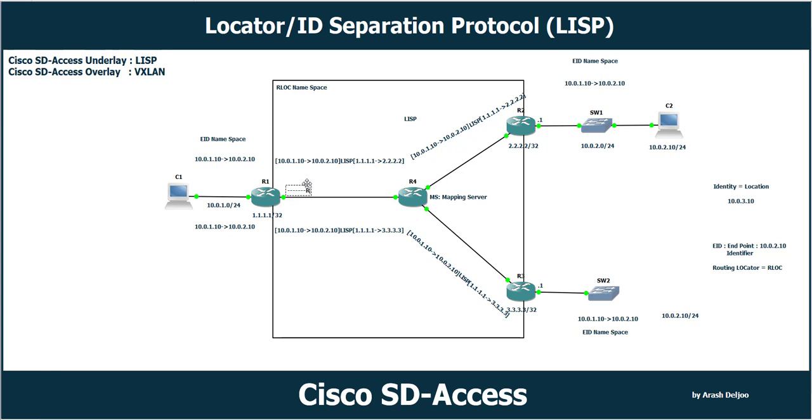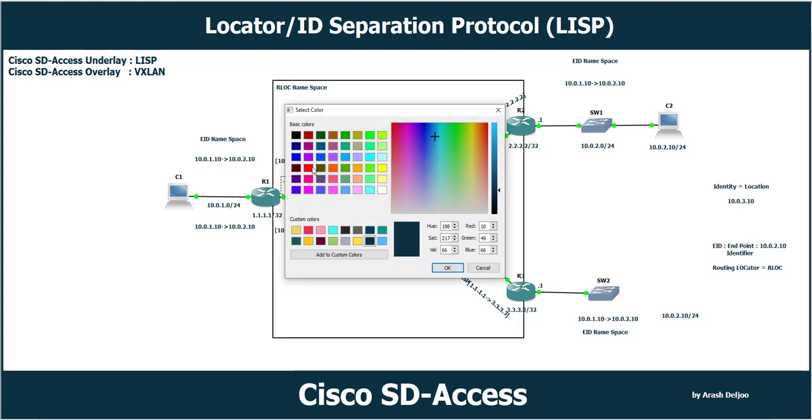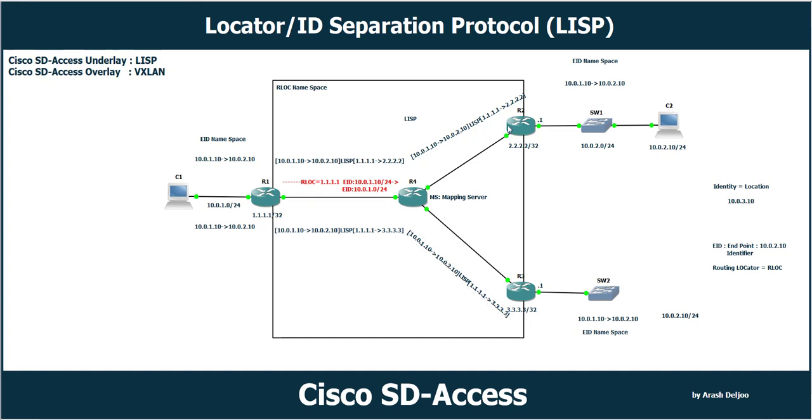For example, R1 says, I am RLOC quad 1, and I have connectivity to this EID, 10.0.1.10/24, and also maybe EID 10.0.1.0/24. This information will be sent or registered in the mapping server. Router 4 is the mapping server, and also router 2.